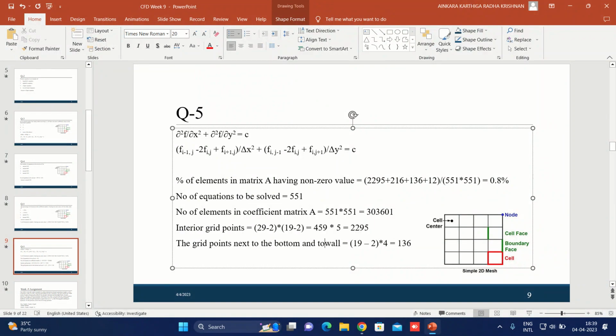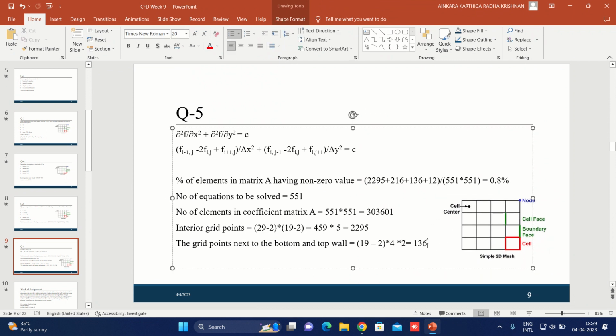We can put together both the walls, so it would be 19 minus 2 into 4 into 2. And similarly, if we consider the grid points next to the left and right wall, it is 29 minus 2 into 4 into 2. That would give us 2.